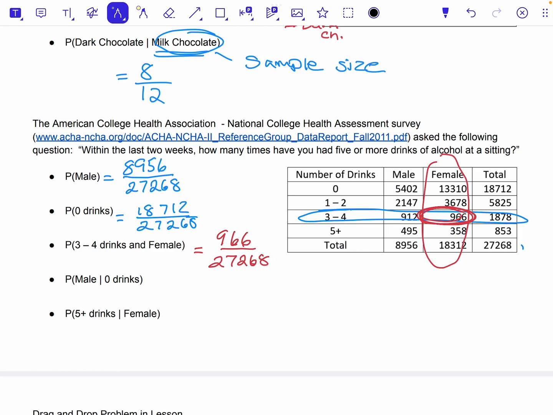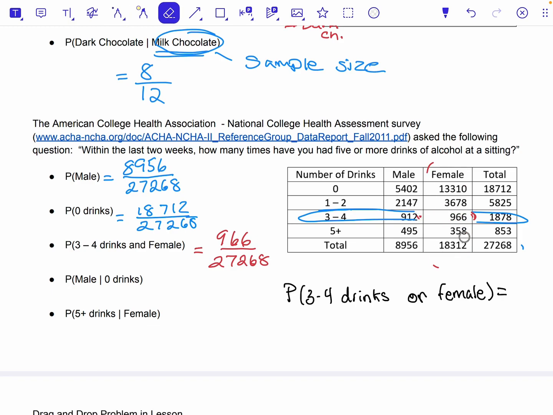Now, I didn't put it down here, so we're going to add a question. What would be the probability of, instead of an and probability, what if we made that an or? So we had 3 to 4 drinks or female. So this is like an either or situation. Remember, we did stuff like this last week. And what I would do, and I'm going to do a little bit of erasing here, is go through and just look at my numbers. Then I don't have to worry about my formula.